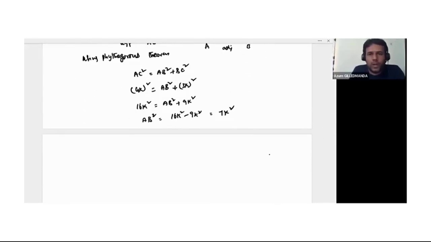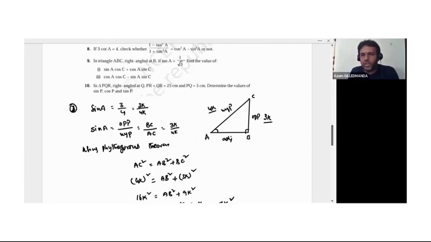Right. So AB becomes square root of 7K square. That means square root of 7 and K. For K square, we can take out K. So AB is root 7K. Root 7 into K. So now I know the other side, the adjacent side. So I know all the three sides now. So the adjacent side is root 7K. This is what I found.